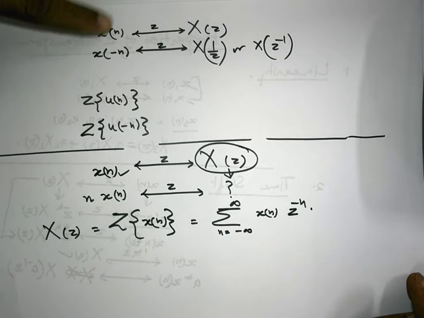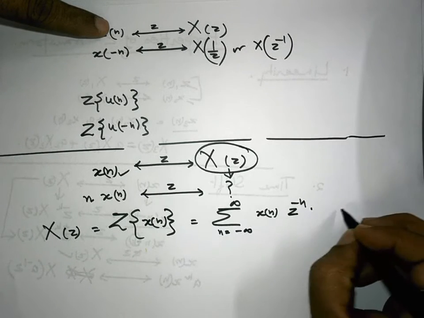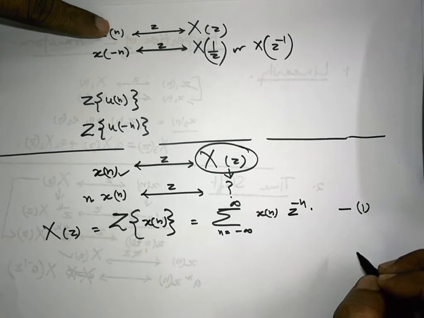Now suppose we differentiate both the sides, suppose this is equation number 1, differentiating both the sides of equation number 1 with respect to z.